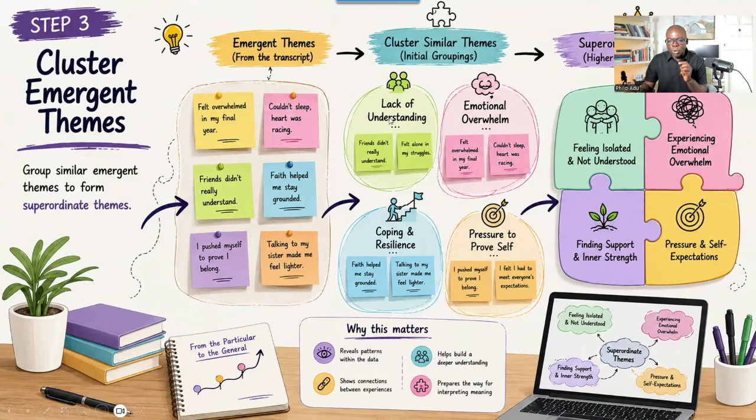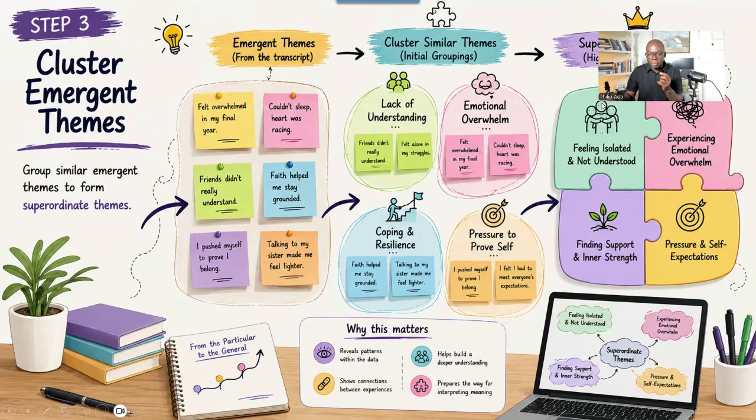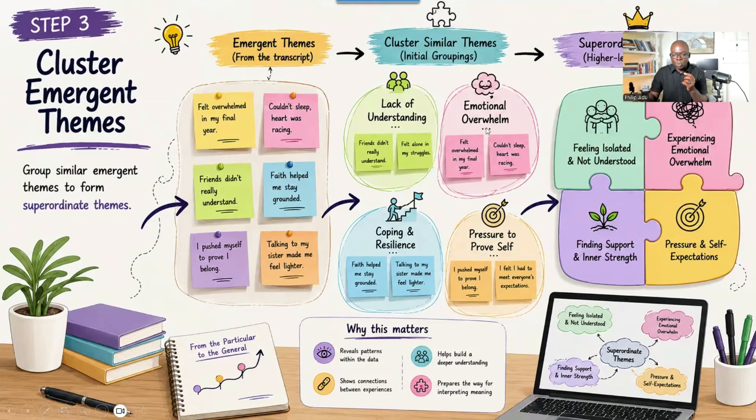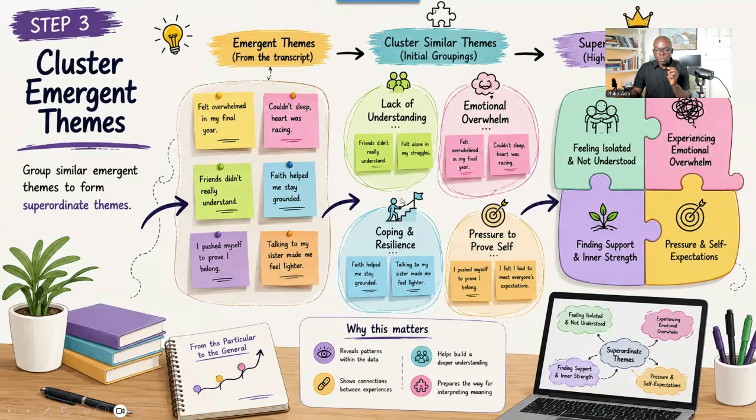That label can now be called ordinate themes, right? So that label will help you to come up with the superordinate theme. It's just higher level categories, right? So you ask yourself, okay, I have this group, right?